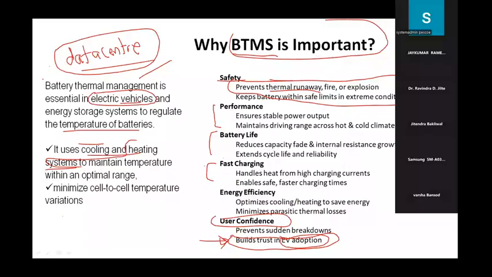We require a larger amount of energy to be stored in a battery with a very small charging time, but it also gives us challenges towards cooling solutions, because when we charge the batteries at a very fast rate, the internal electrochemical reactions also generate heat. So challenges are there in providing the solutions. Energy efficiency, as I mentioned, will also be improved by these BTMS systems.